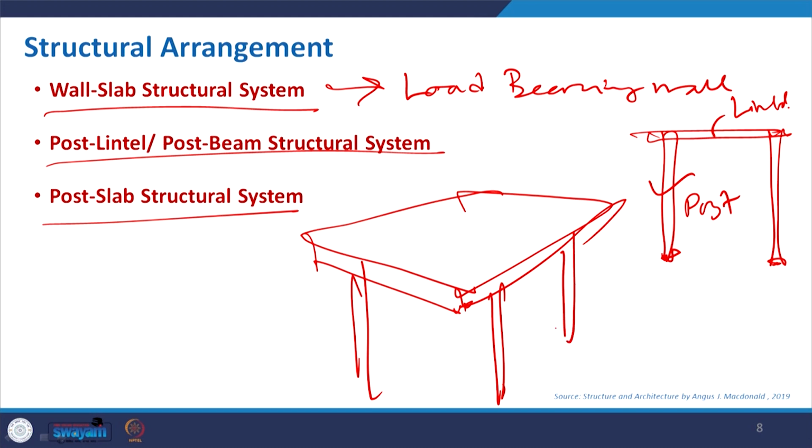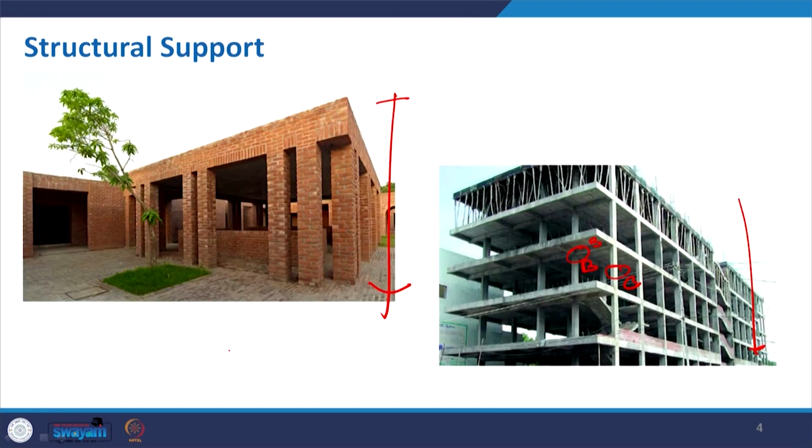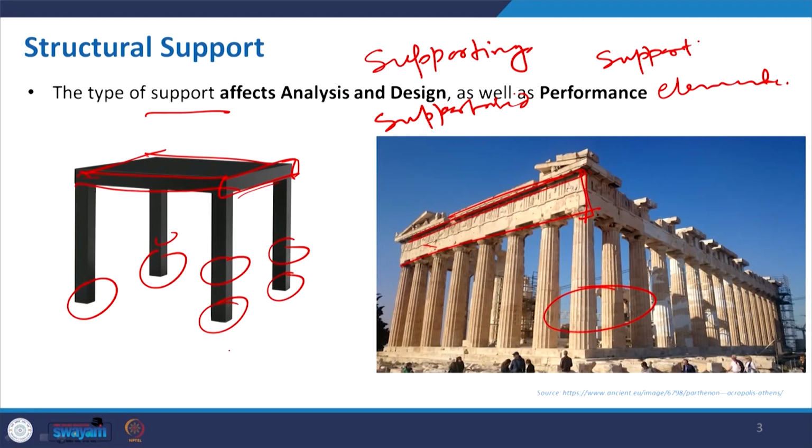Now, this joint is very interesting. How can it be? We will show you some examples where there is no such lintel or beam, and the slab is directly supported on top of some support. Now, if we go back to this furniture example, here we consider this is the thickness of the tabletop.